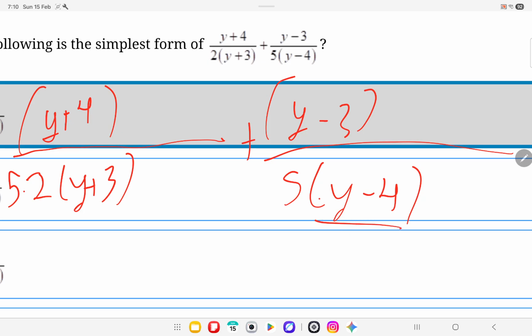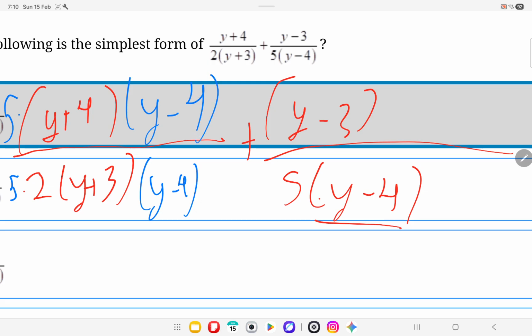But here there's no y minus 4. So we do times, let me just write the things that we're multiplying by in another color. Times y minus 4. So what we multiply down, we have to multiply up. So times 5 times y minus 4. Down, we have to do the same thing. We write 5.